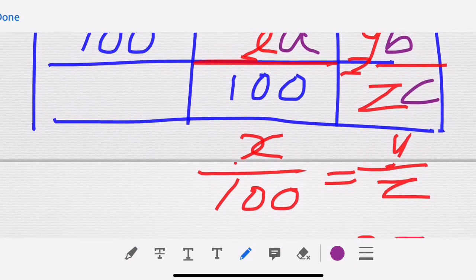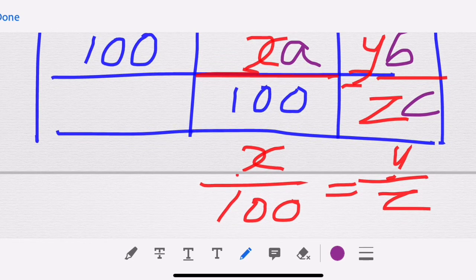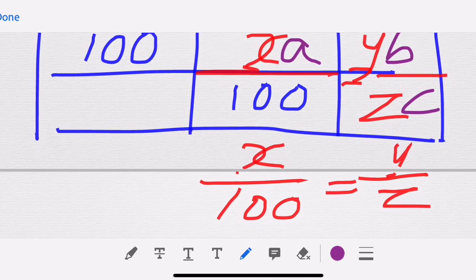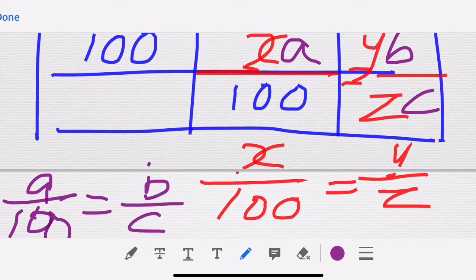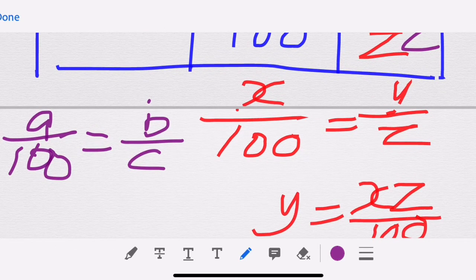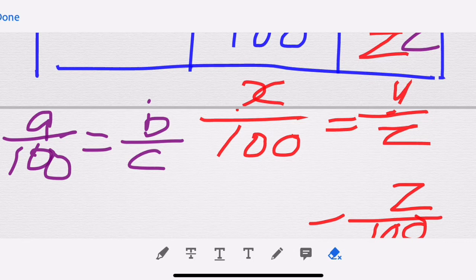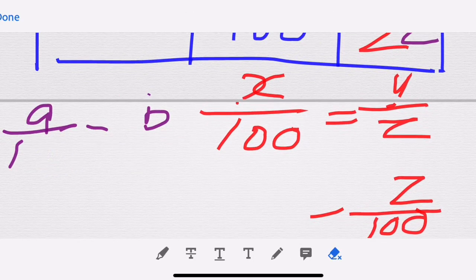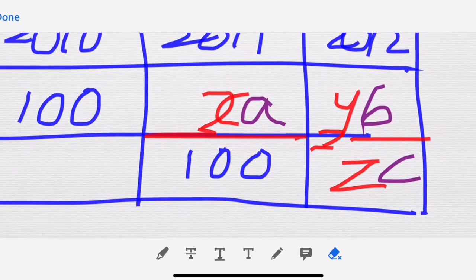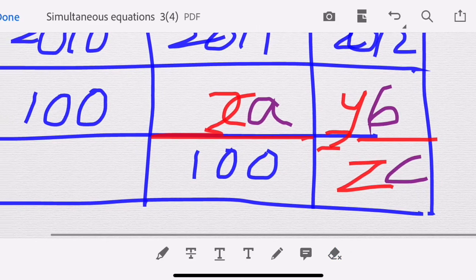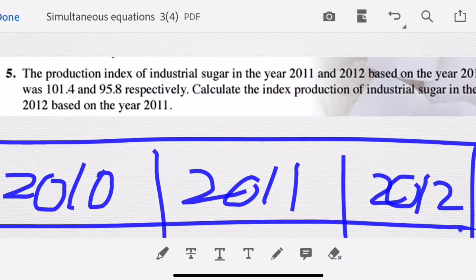So finally, A over 100 is equal to B over C. So actually you can do it accordingly. That is how you do it, but we are not using the relationship like just now, C is AB over 100. We have to come up with the equation on our own for the table method. So for today's class, I'm going to discuss this question using the 3 methods.